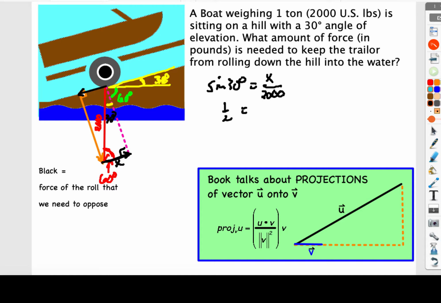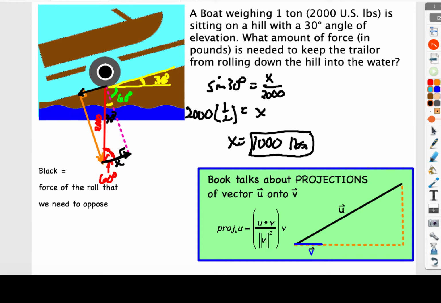Well, x over 2,000, I can just multiply the 2,000 over to the other side, and basically, how hard do we have to push to keep that boat on the hill? Basically 1,000 pounds worth of force. There you go. We didn't necessarily have to do that full projection idea down at the bottom. Feel free to read your book and talk all about projections, though.